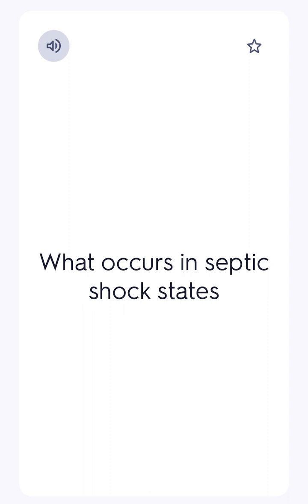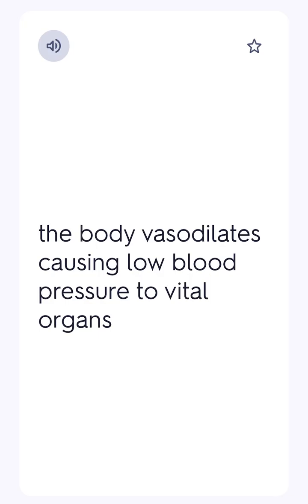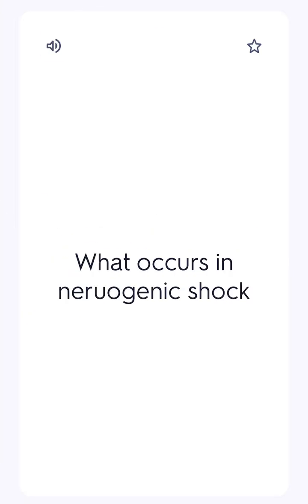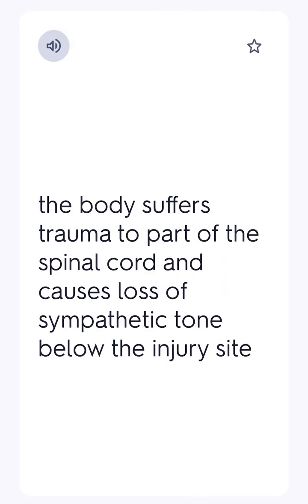What occurs in septic shock states? The body vasodilates, causing low blood pressure to vital organs. What occurs in neurogenic shock? The body suffers trauma to part of the spinal cord and causes loss of sympathetic tone below the injury site.